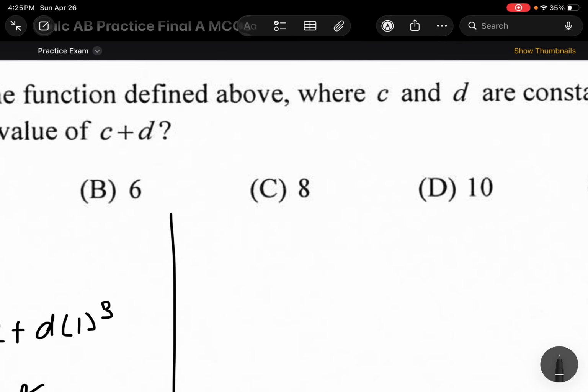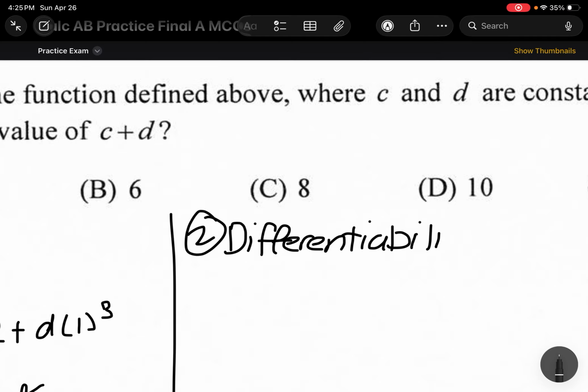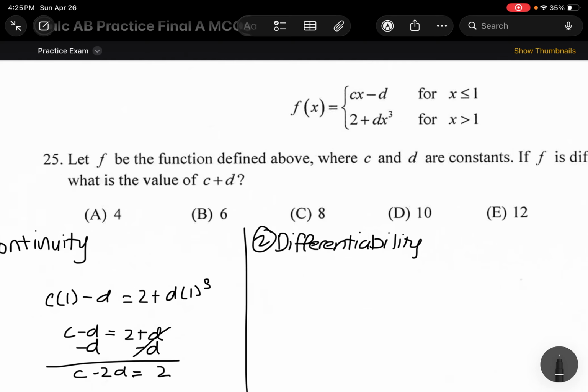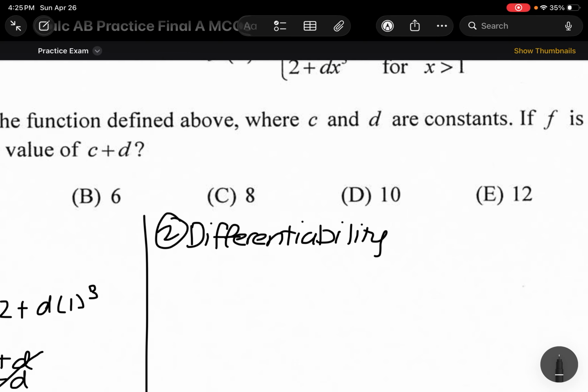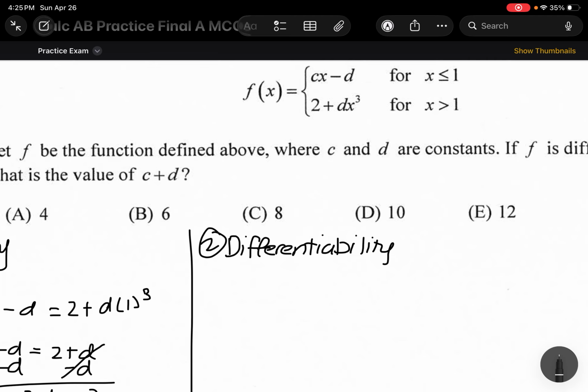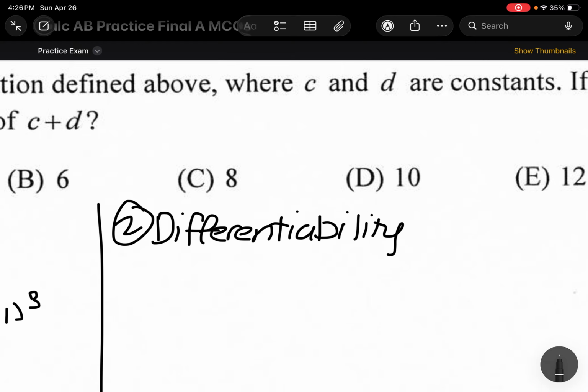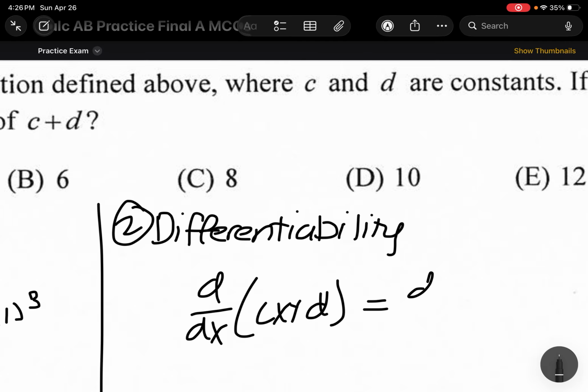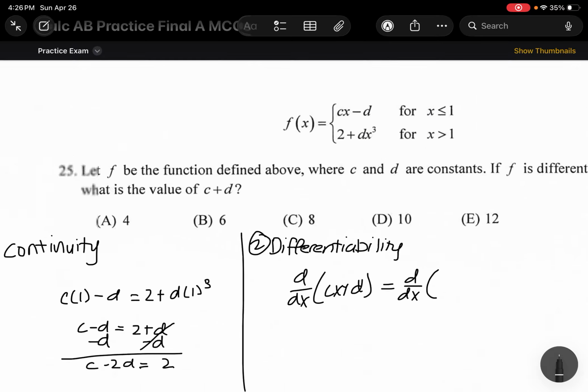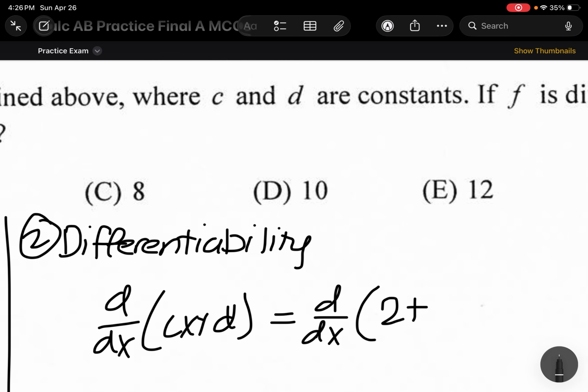Now we're going to solve for differentiability. To check for differentiability, you're going to set the derivative of those piecewise functions equal to each other. So the derivative of cx plus d set equal to the derivative of 2 plus dx cubed.